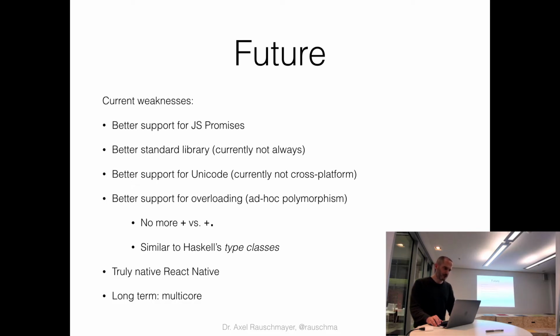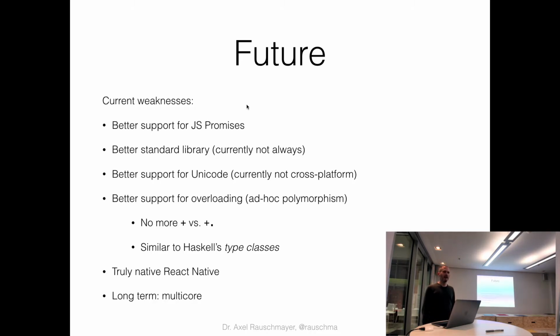For the future, very quickly, so these are still a few weaknesses, but in the end, the future looks bright because all of these are being worked on. And if it were up to me, right now, ReasonML is, I think, mainly interesting for early adopters, for people who want to try something new.